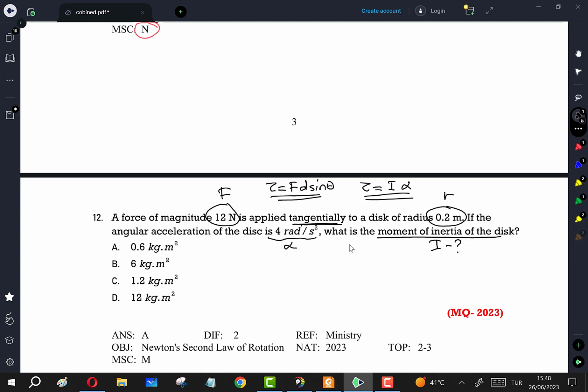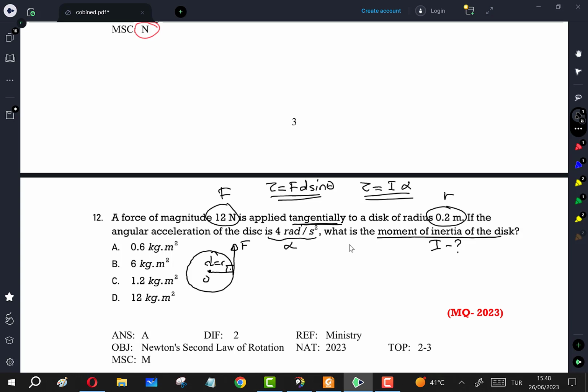Of course, when the force is applied tangentially to a disk, it is rotated about its center. This center is going to be the axis of rotation. The distance is going to be the radius, and because it's applied tangentially, the angle is going to be 90 degrees to the radius or distance.